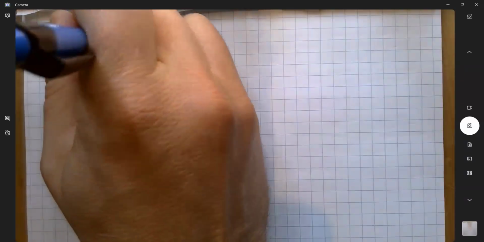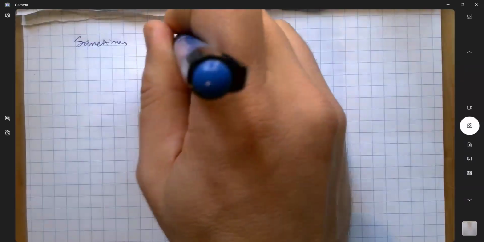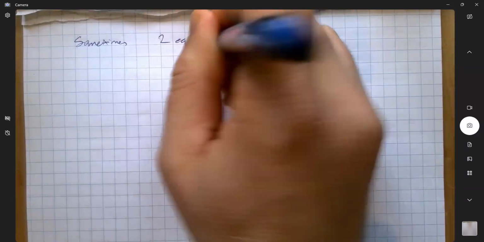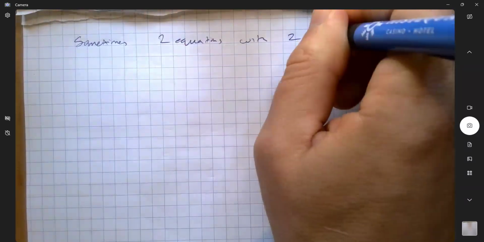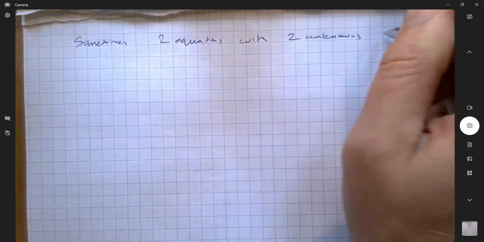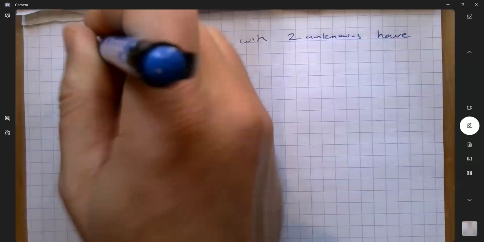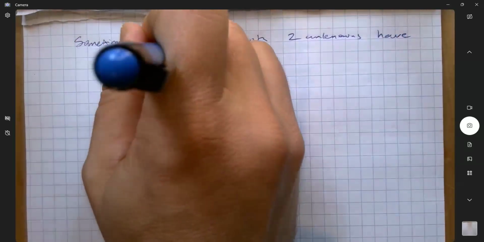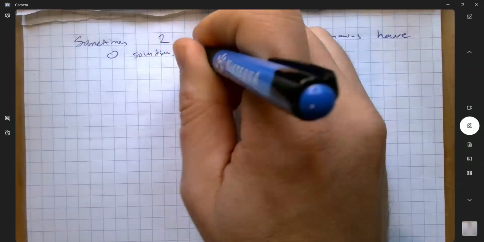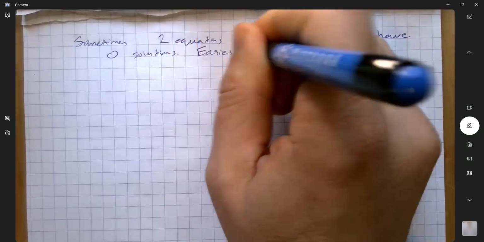Usually you can solve, but sometimes two equations with two unknowns have 0 solutions. And this is easiest to see with a graph.